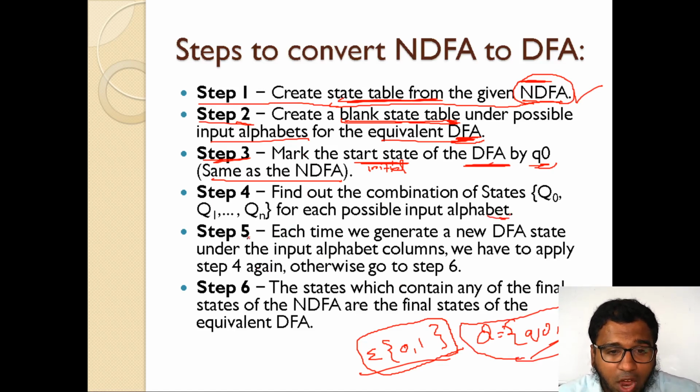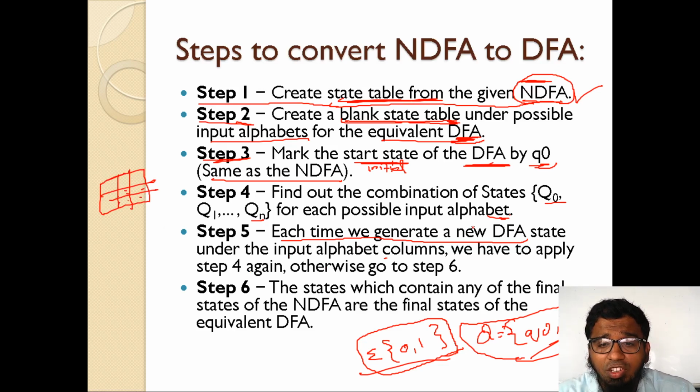Now, step 5, each time we generate a new DFA state under the input alphabet column, we have to apply step 4 again, otherwise go to step 6. What is it telling? Like if it is Q0 to Qn, that means there will be a number of possibilities. So, in the fifth step, it is telling that each time we generate a new DFA state when we make a table, every time we will get some different values here.